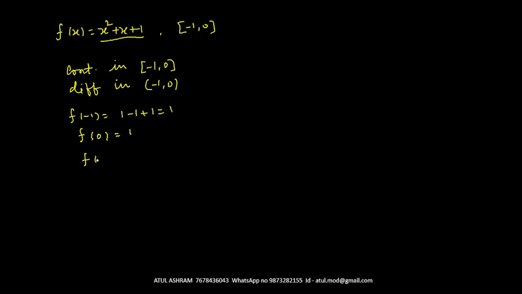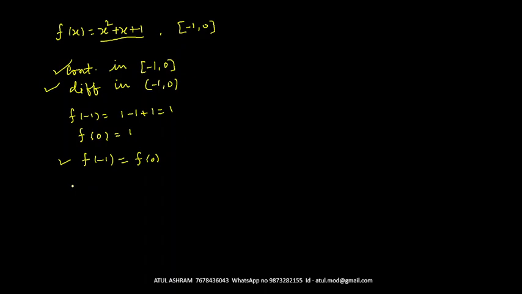So f of -1 is equal to f of 0. Friends, all criteria of Rolle's theorem are satisfied here. f(x) is continuous in the closed interval -1 to 0, it is differentiable in the open interval -1 to 0, and f of -1 is equal to f of 0.